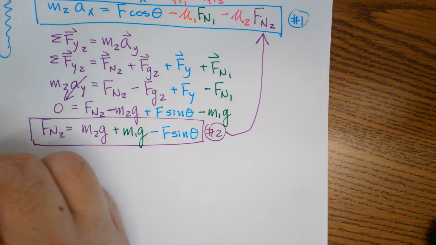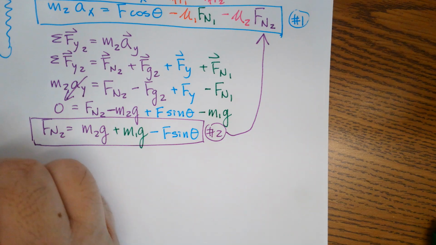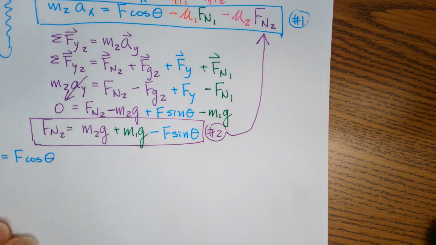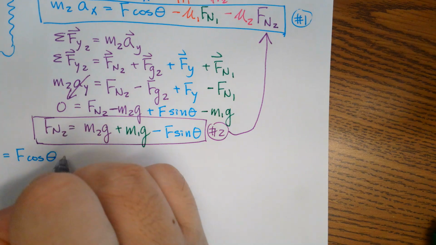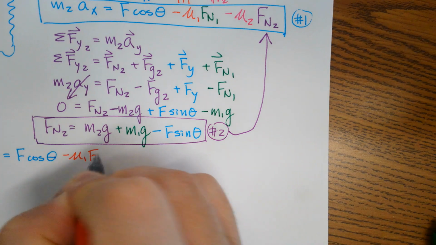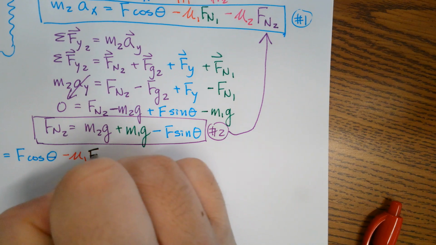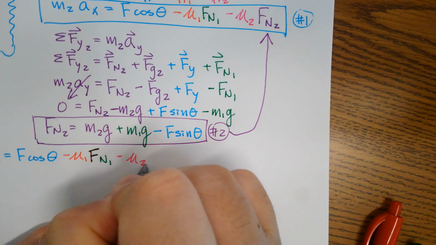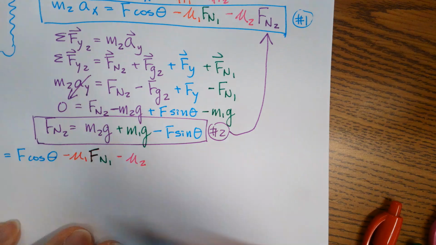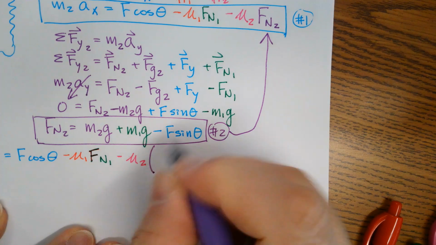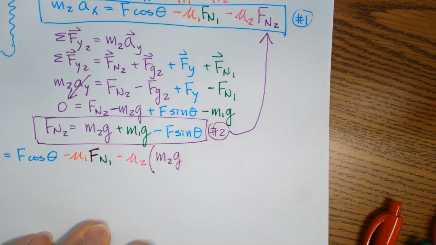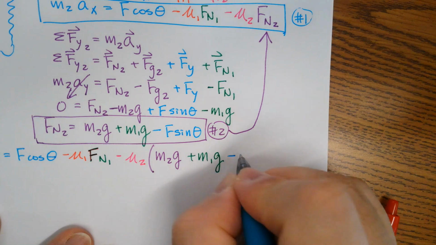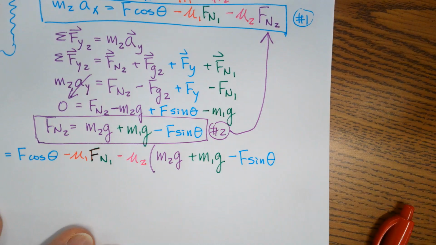Then, what do I have? I have m2 ax is equal to f cosine theta minus mu1 fn1, right, minus mu2 times m2g plus m1g minus f sine theta.